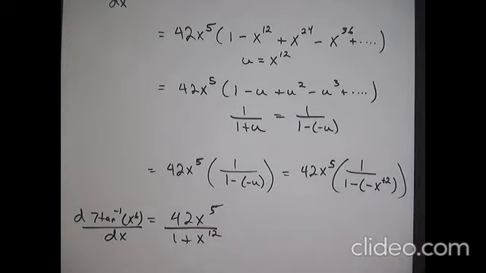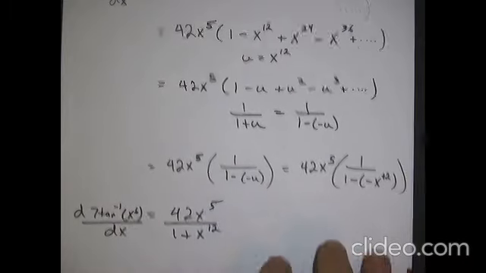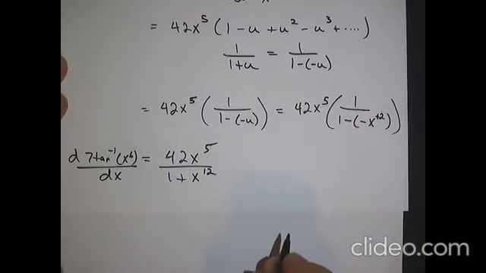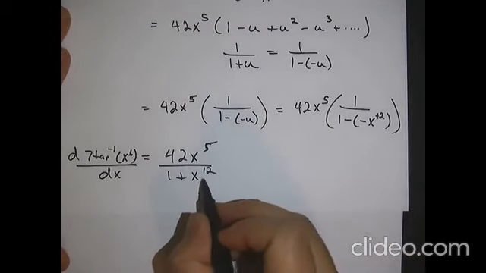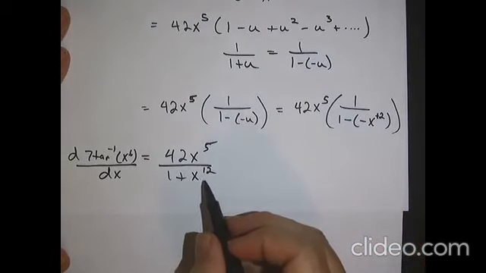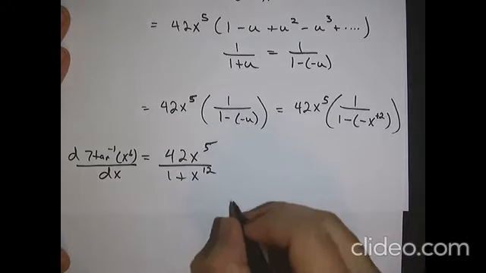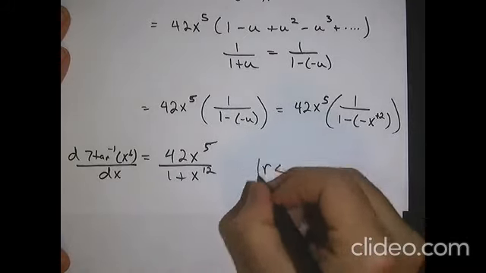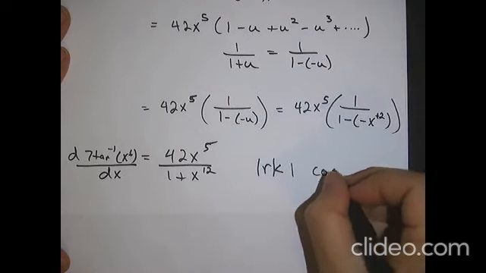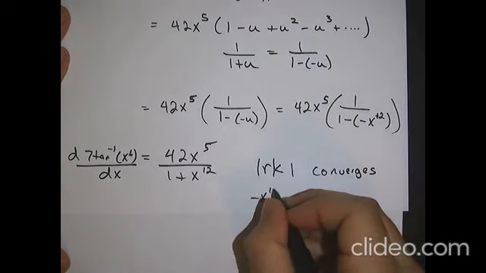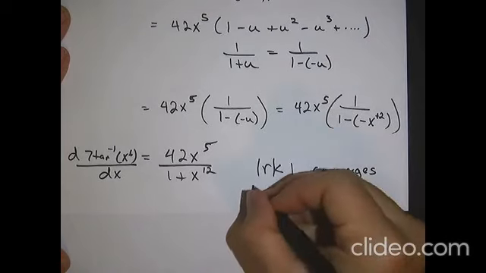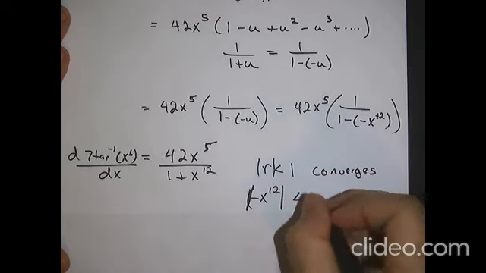Now C says, what is the interval of convergence? Well, since we've already recognized that this is a geometric series, in order for a geometric series to converge, the absolute value of r has to be less than 1. Our r in this particular case was u, which was actually negative x to the 12th. So the absolute value of negative x to the 12th is less than 1.